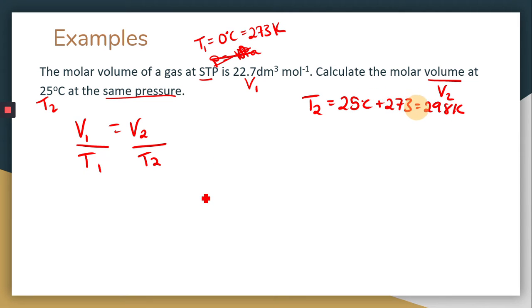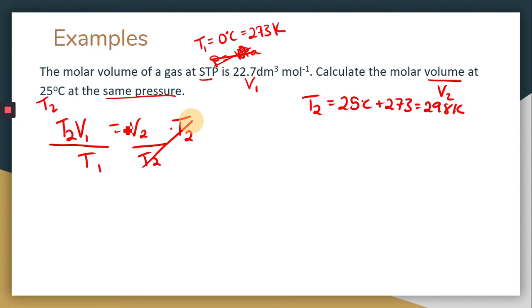And then we can simply plug in and solve for V2. You can do this before you put in the values, multiply both sides by T2, and the T2s will cancel out. So to solve for V2, we would do V1 times T2 divided by T1.